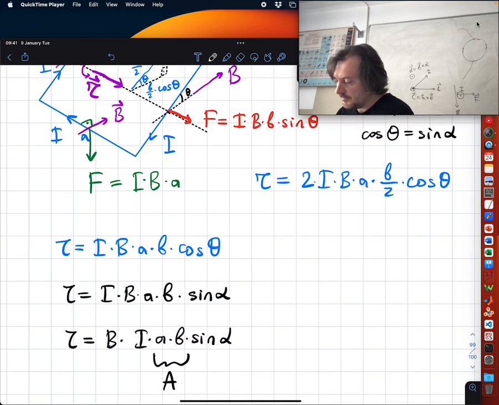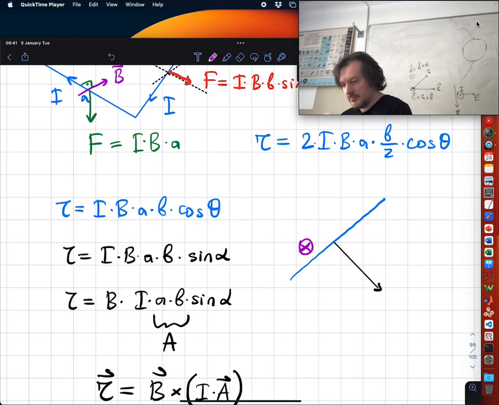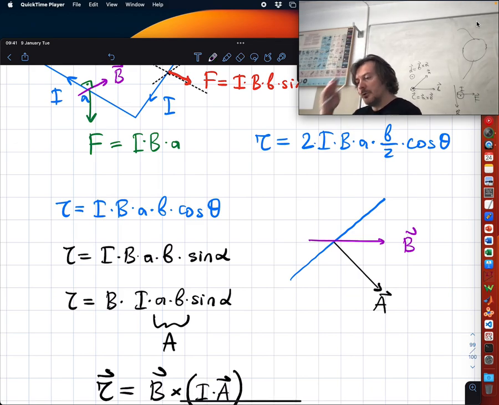Let me draw it again. So I have an area vector pointing in this direction. I have a magnetic field pointing in this direction. Area vector pointing in this direction. Which way was torque?